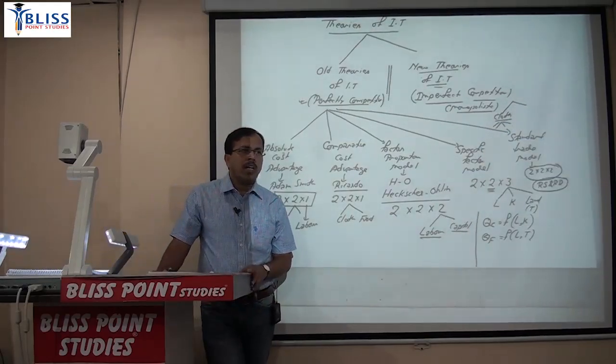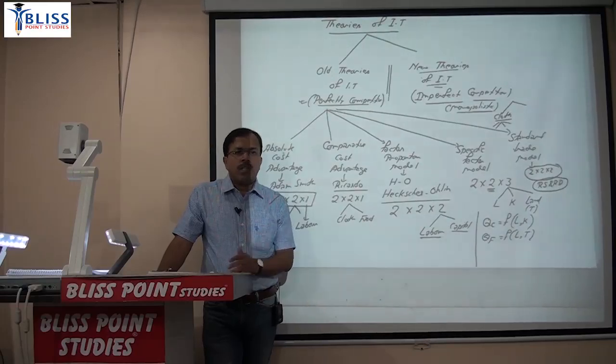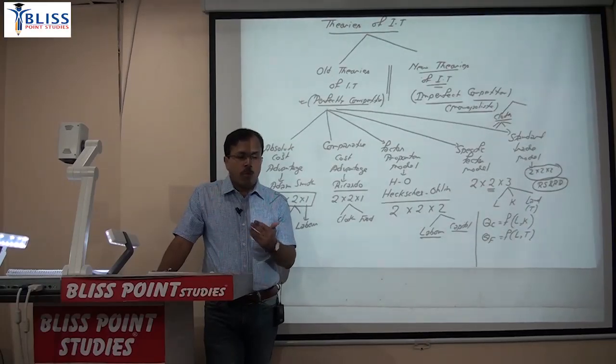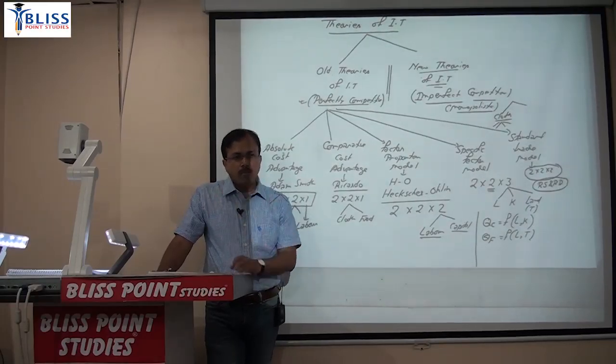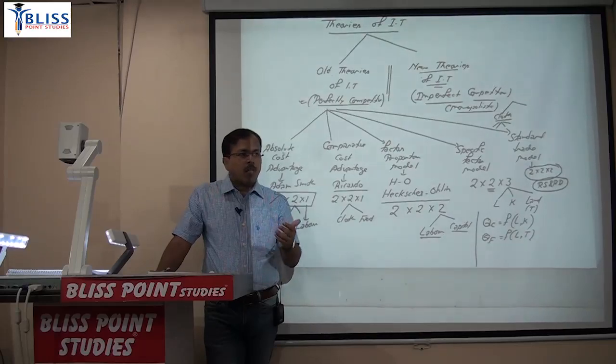If I ask whether India exports cloth or imports cloth, it is both. In fact, we export some category of cloth and we import some other category of cloth, but it is not the same cloth, it is differentiated.